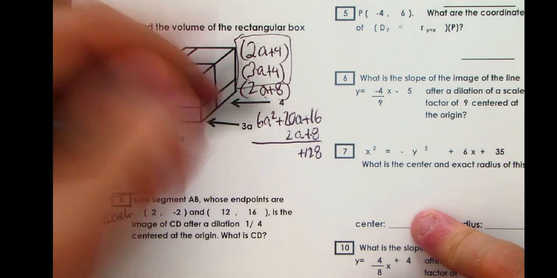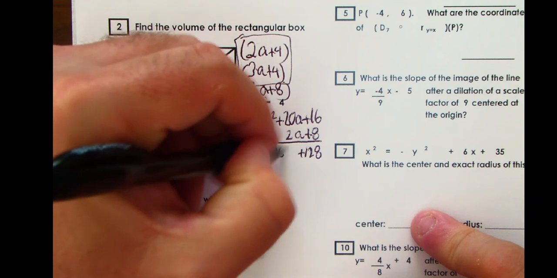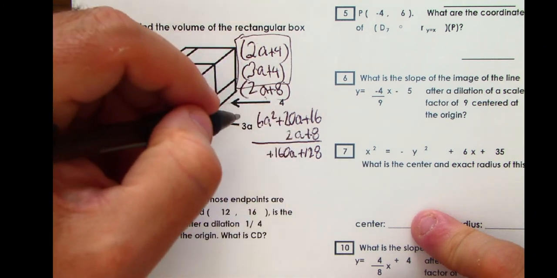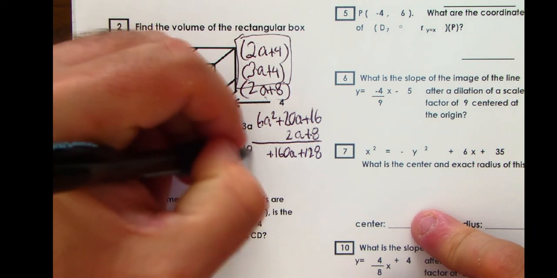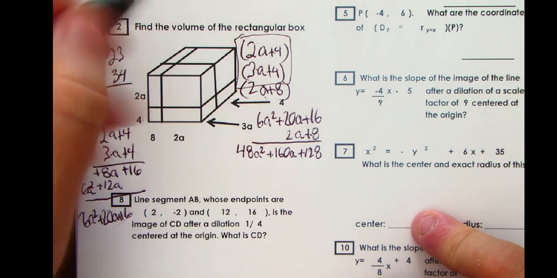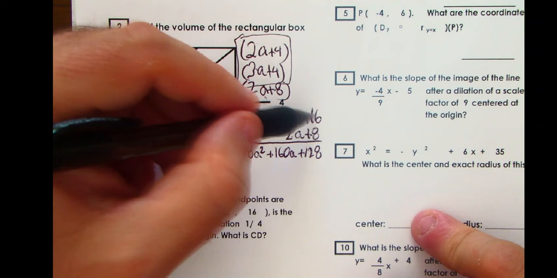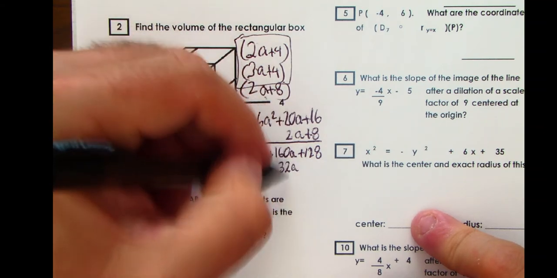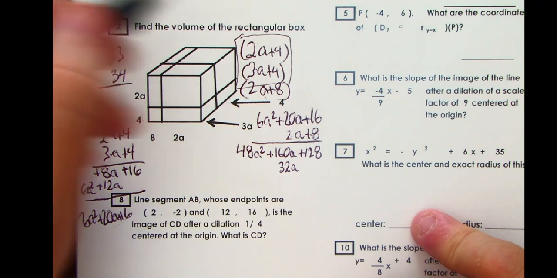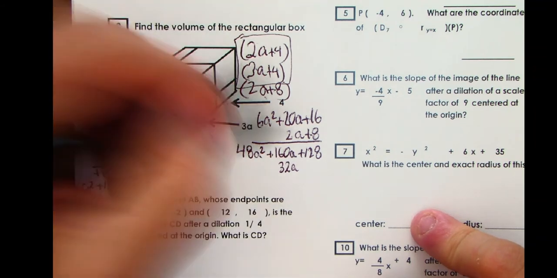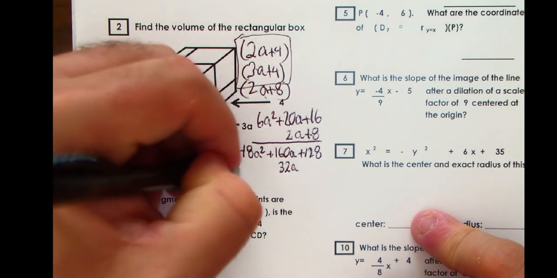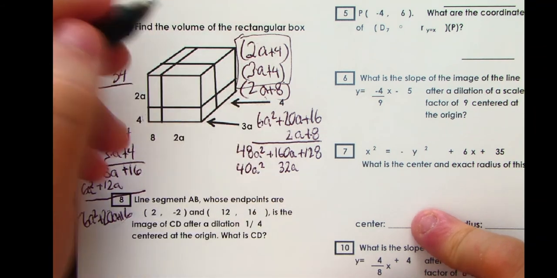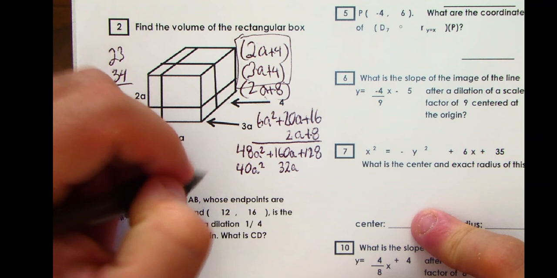Plus 8 times 20a is 160a. And 8 times 6a squared is 48a squared. Now I do 2a times 16 is 32a. Again, I'm lining up like terms, that way I just have to add straight down when I'm done. 2a times 20a is 40a squared. And 2a times 6a squared is 12a cubed.